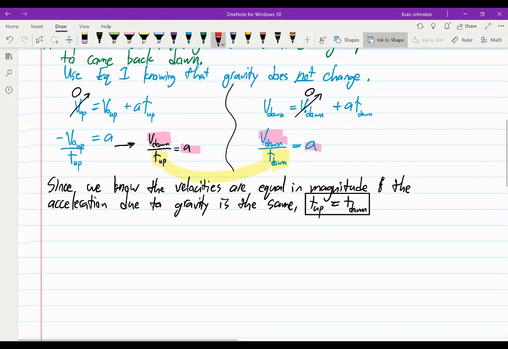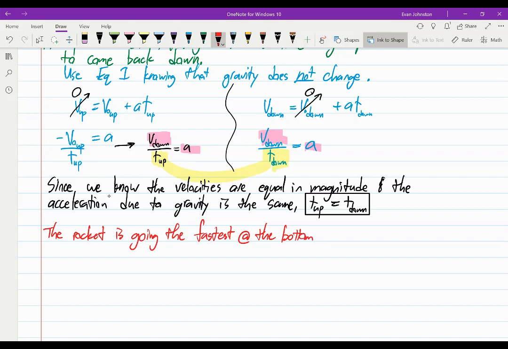And so the final thing that we'll write here, and then we'll be all done with these notes, is that the rocket is going the fastest at the bottom. The fastest at the bottom. All right.